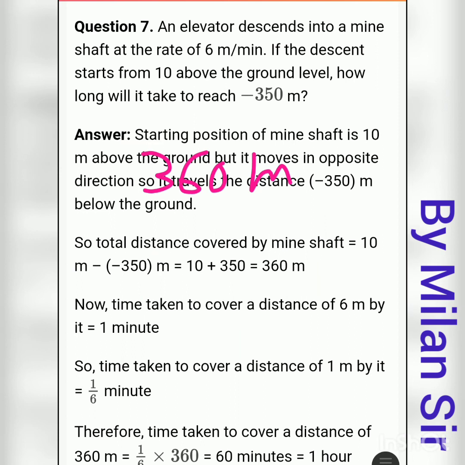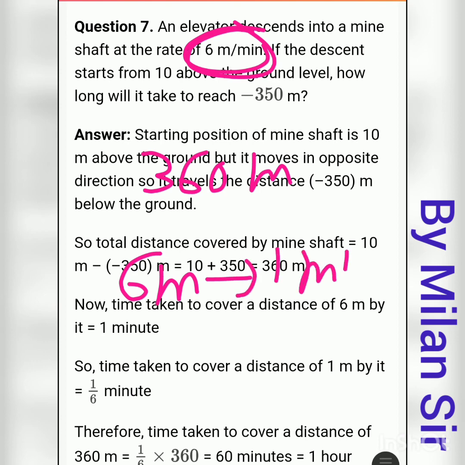Now a rate is given to you. In 1 minute the shaft descends 6 meter. That means if we want to descend the shaft by 6 meter, it will take 1 minute. For 6 meter, 1 minute is there, so for 360 meter how many minutes?